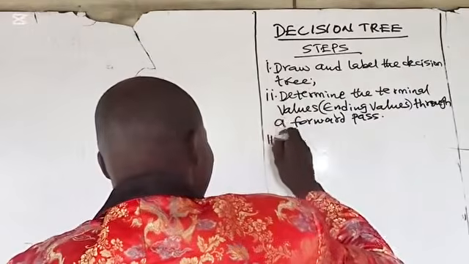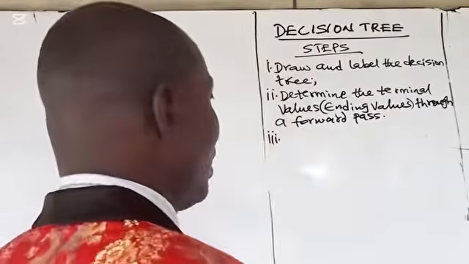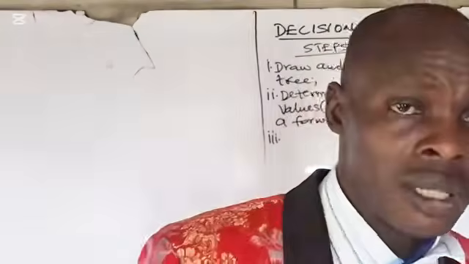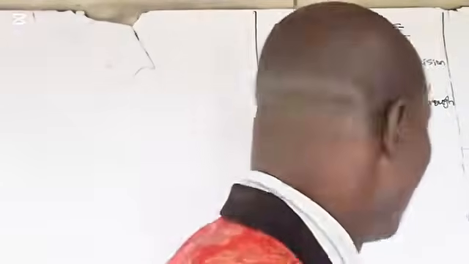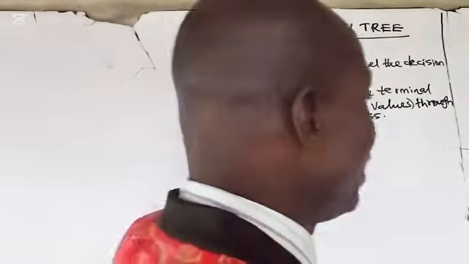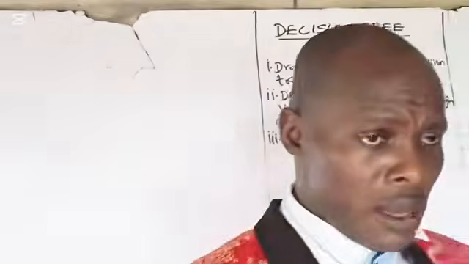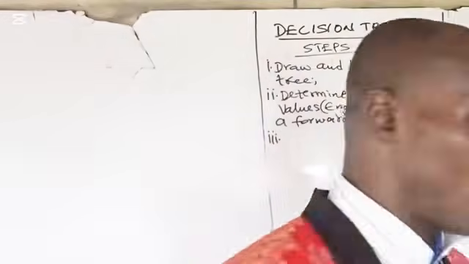Then, now that the terminal values have all been calculated, you determine the values of the internal nodes through a backward path. You take a backward path again.